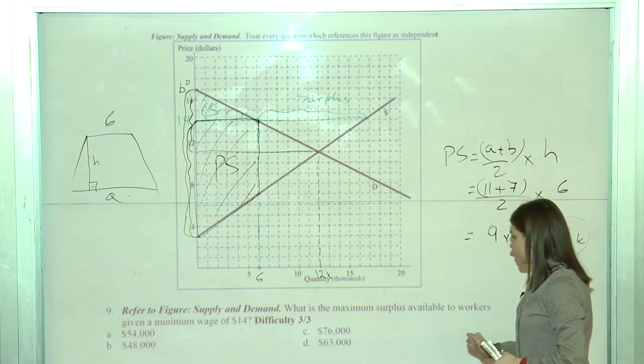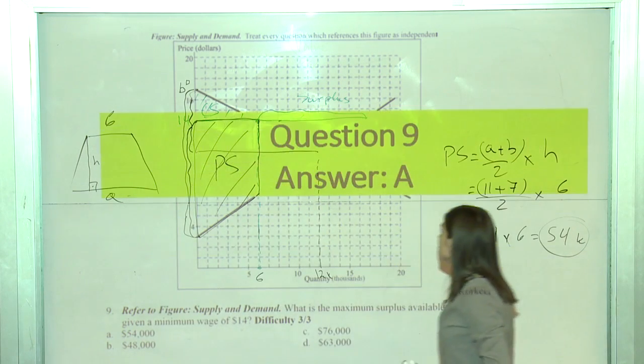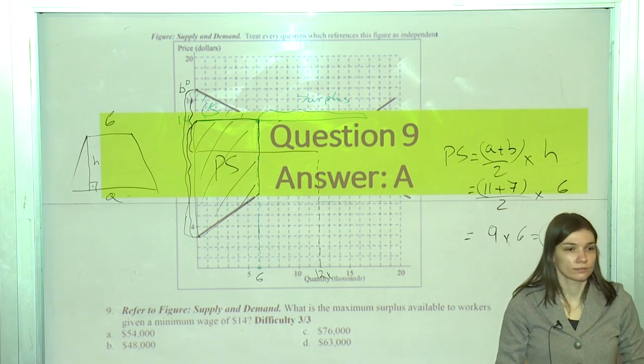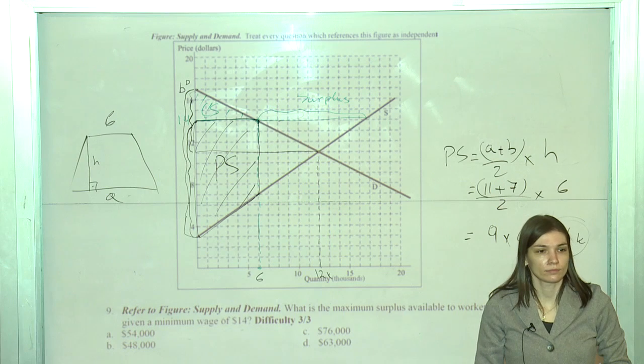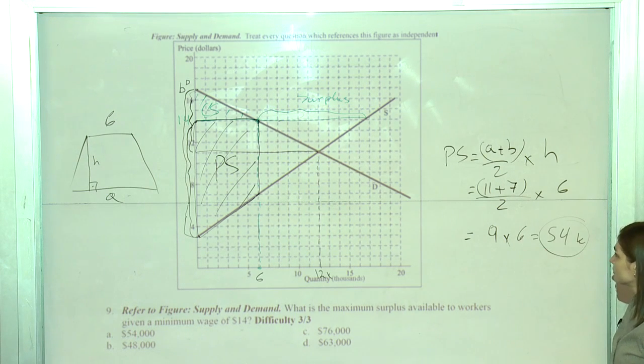This is answer A. What if we ask for the minimum surplus? This one is the maximum, but I just want to know the minimum, in case we change the question to find out the minimum.